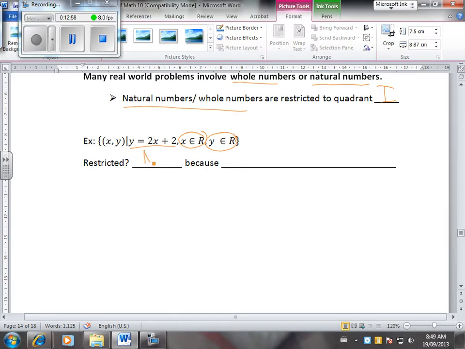No. There is no restriction because x and y are all real numbers. So we're lucky. We're not given any other restrictions, not given an inequality at all. If you're given all real numbers and you draw this line out, your line can just go in any direction.